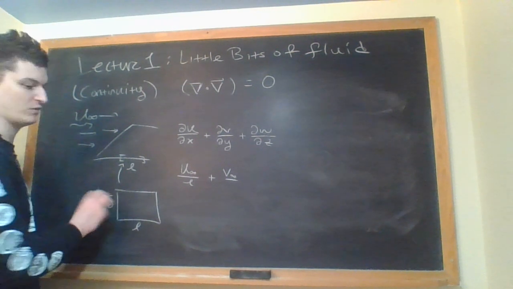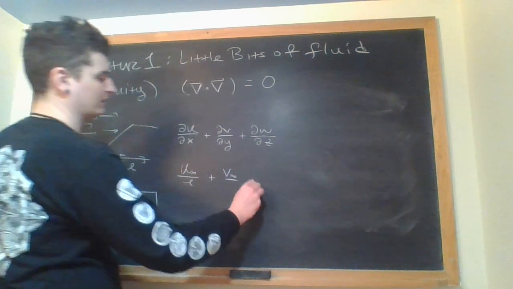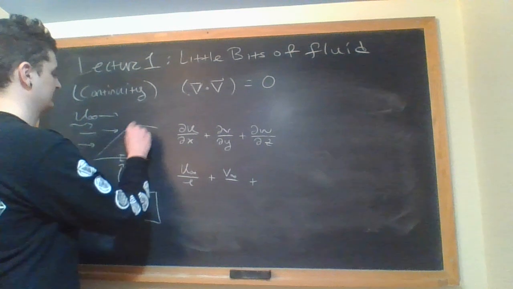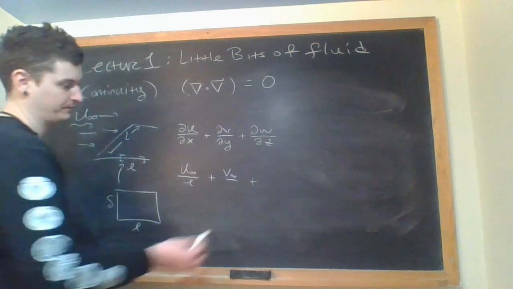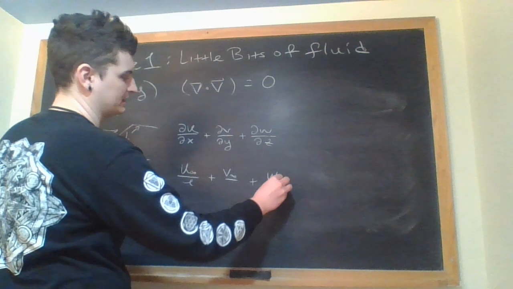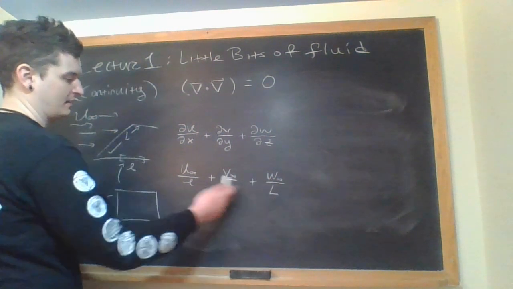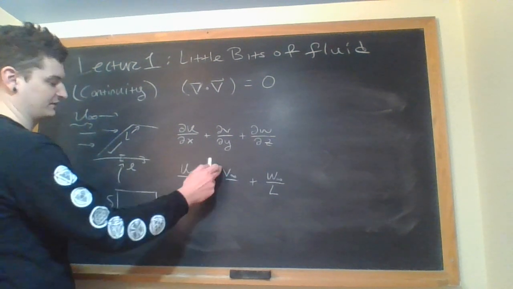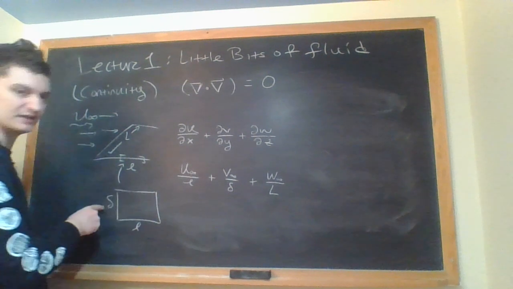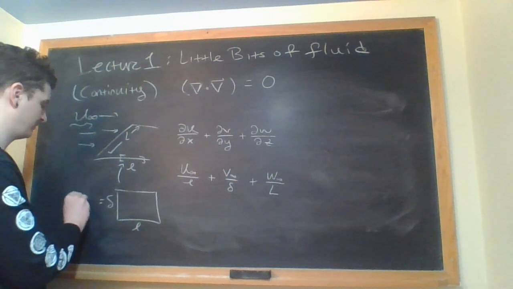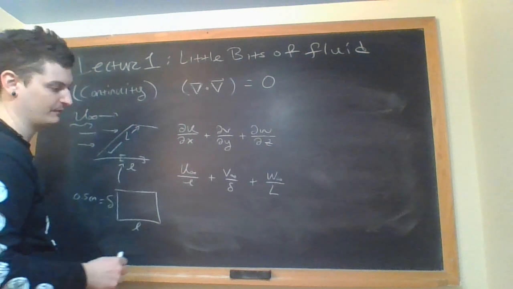If you want some numbers, say that L, the length of this plate, is 10 meters long. Maybe you don't really know what this W is, but it has the L under it for the scale. And this velocity V, I don't know, but I do know that I zoomed in so close that this delta is, say, 0.5 centimeters. That's how close I'm zooming into the panel.